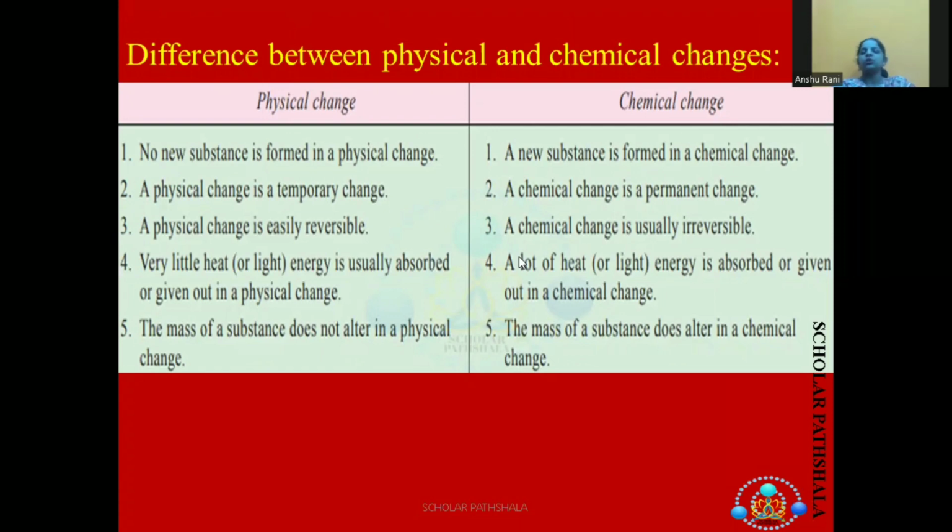In chemical change, a new substance with entirely new chemical properties is formed. A physical change is a temporary change which can be reversed easily, but a chemical change can't be reversed easily.